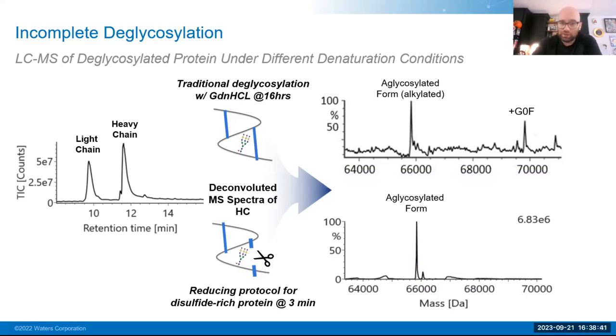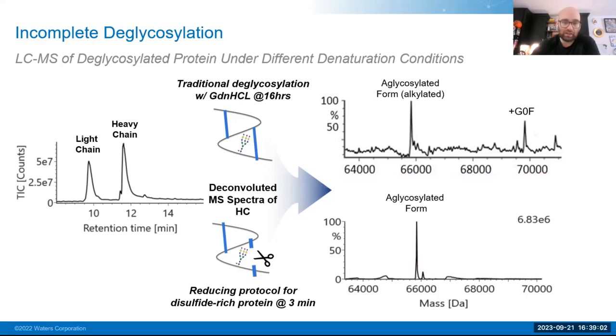You're not fully releasing those. So when you do the tagging exercise, you may not be fully aware of what the full structure is itself. But if you break those disulfide bonds, you're able to open up that structure a whole lot more. That's when you start to see the ability to fully release all of those glycans, which is illustrated on the mass spectrometry on the right there.